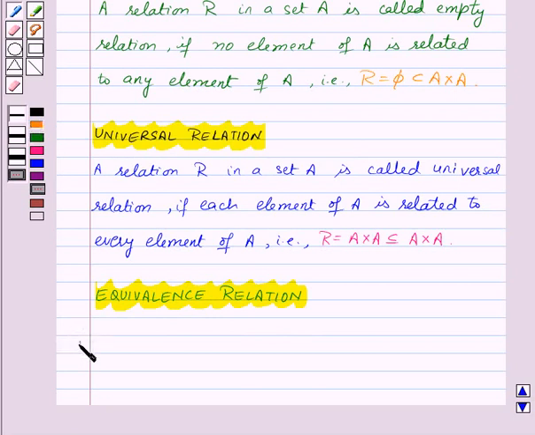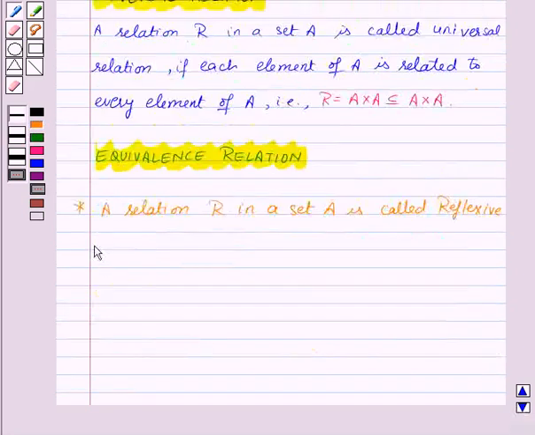So, a relation R in a set A is called reflexive if the ordered pair (a, a) belongs to R for every a belonging to set A.